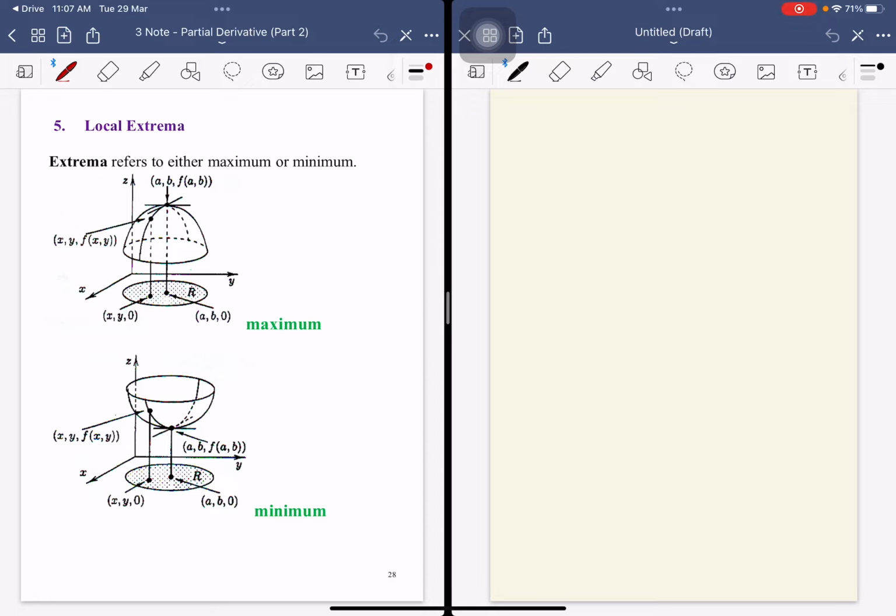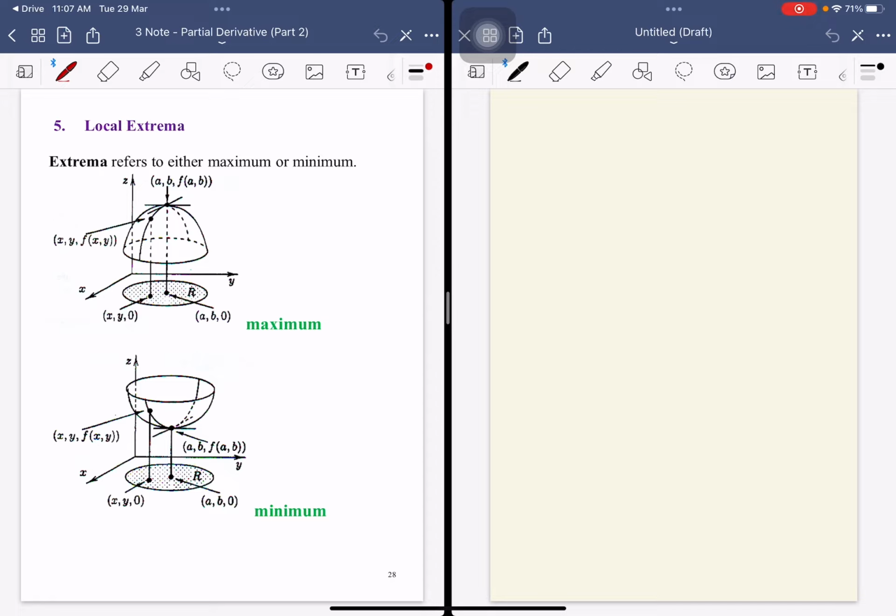This is the interpretation of the saddle point. When we talk about maximum and minimum, whenever we have a graph sketch, it will be easy to identify if we have a correct sketch.